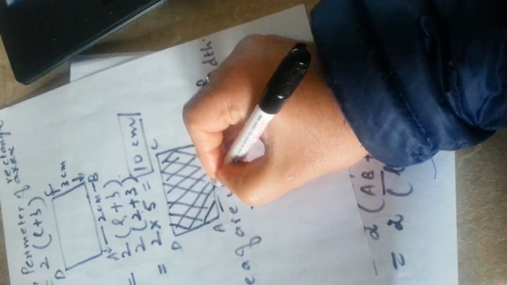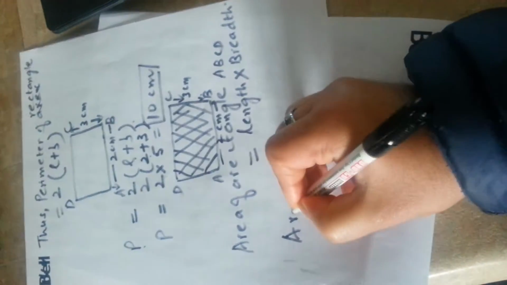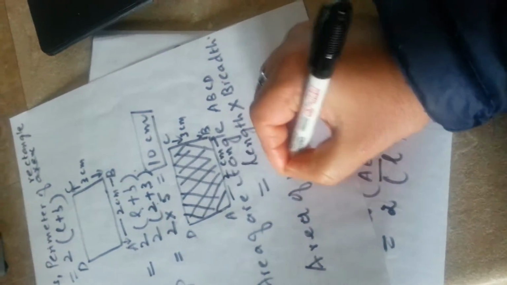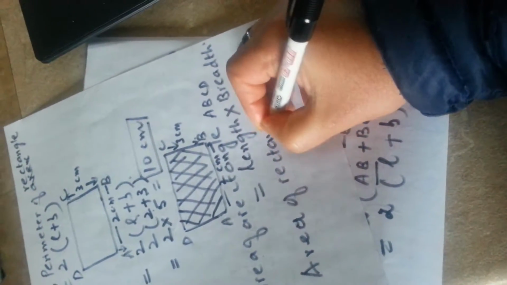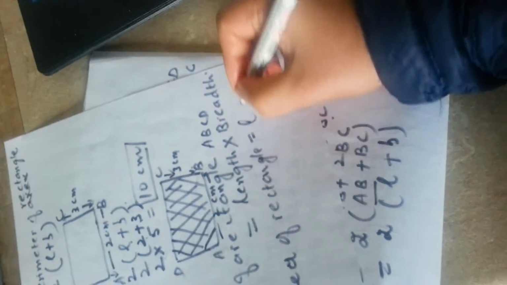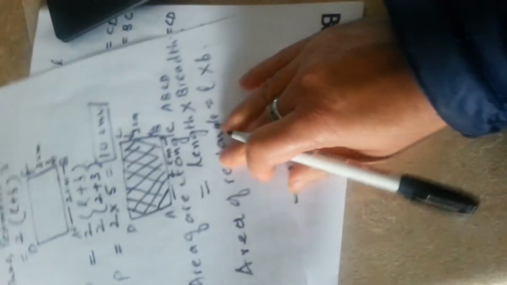Let us suppose length is given to you 2 centimeter and breadth is given to you 3 centimeter again, and you need to find out the area of the rectangle. You know, area of rectangle is equal to length multiplied by breadth, right?